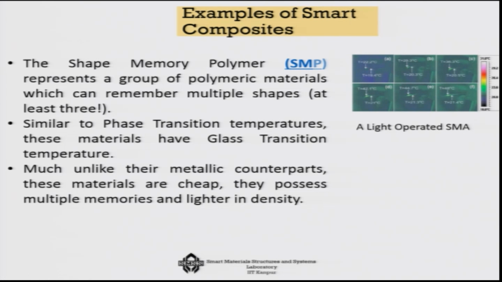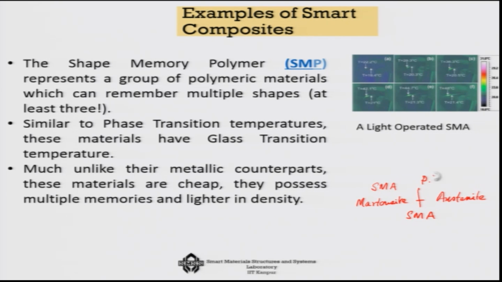The other example I was talking about is shape memory alloy. What I have not told you is that shape memory polymers, SMP we call them, are also a very interesting group of materials. They are naturally composite, you can say, and they can remember not just one phase change; for SMA it is between martensite and austenite, the high temperature phase, and this is our phase transition temperature.